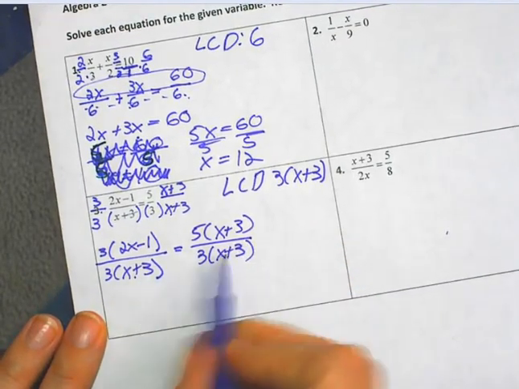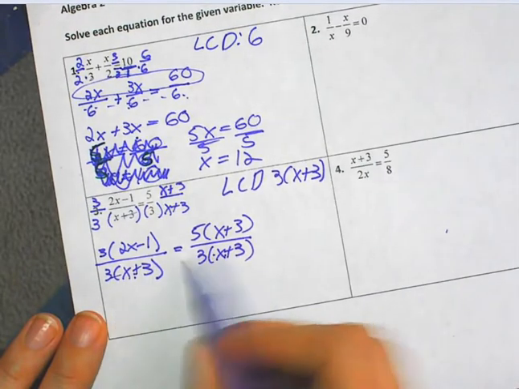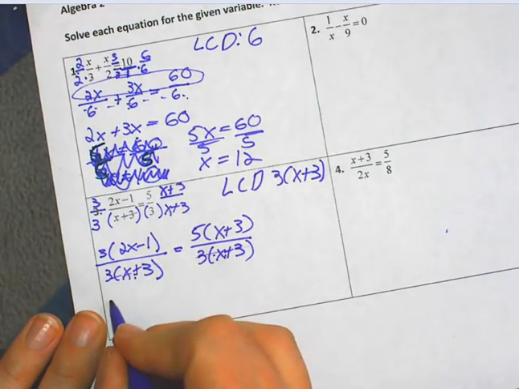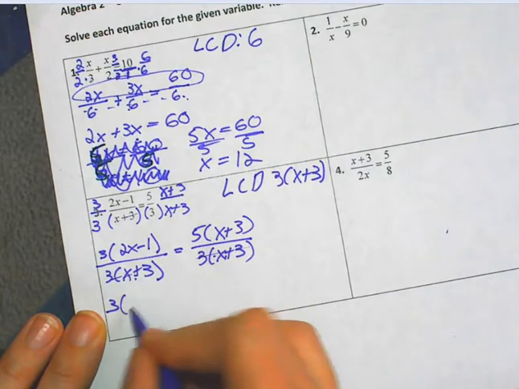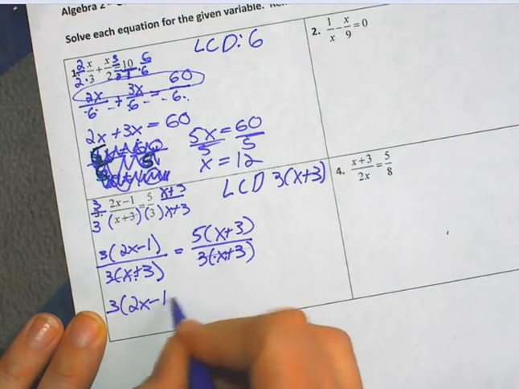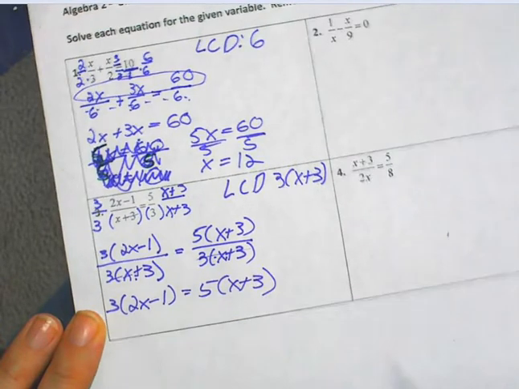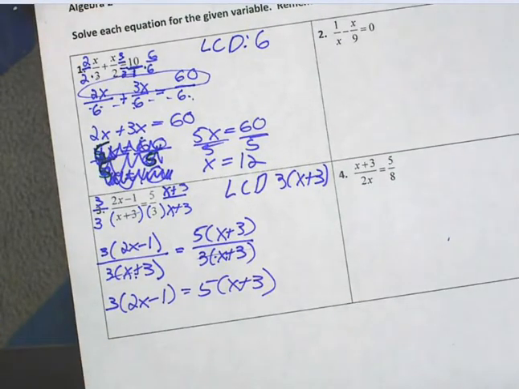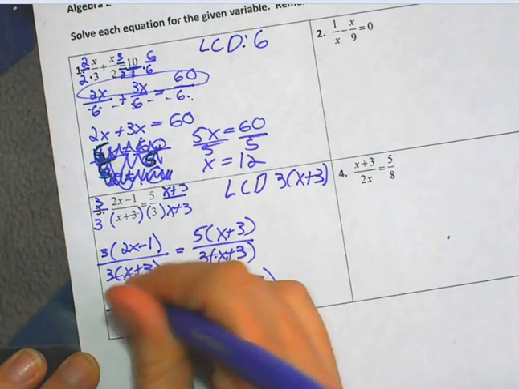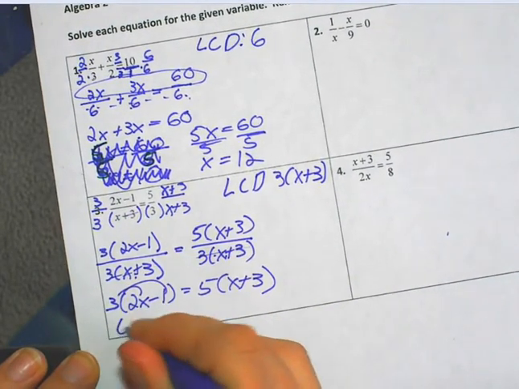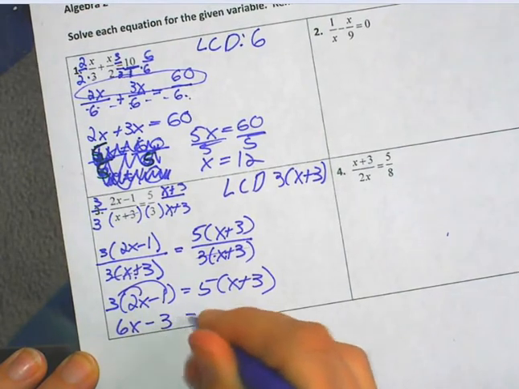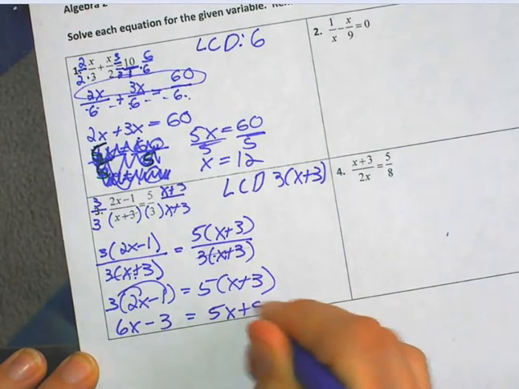I have the denominator as the same, so I'm good to go. I'm going to set the numerators equal to each other and solve. Okay, so at this point, your steps in order to solve would be to distribute, collect like terms if there are any. So I've got 6x minus 3 equals 5x plus 15.